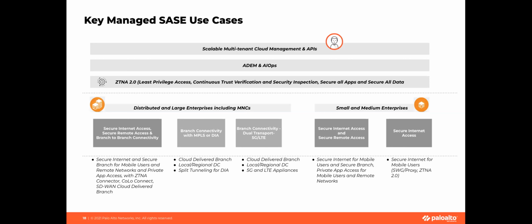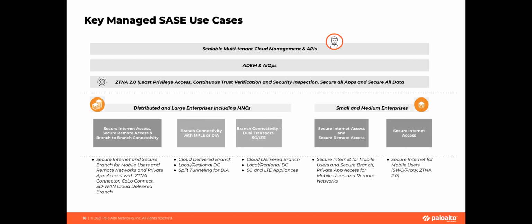As we move higher up the value chain, with larger distributed enterprises, including multinational corporations, the need for seamless management and orchestration of SD-WAN components arises. These SD-WAN devices enable branch-to-branch connectivity with multiple transport options such as 5G, LTE, broadband, and internet, all configured within our SD-WAN stack.